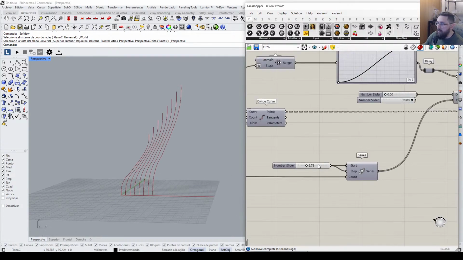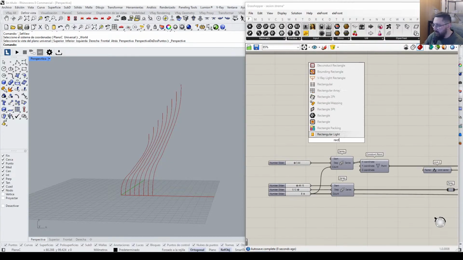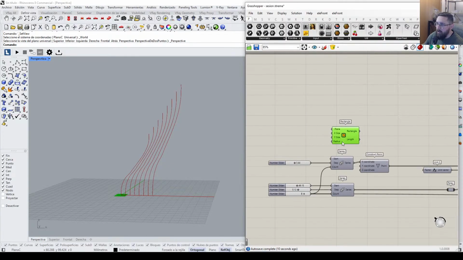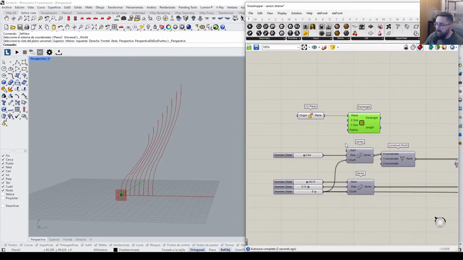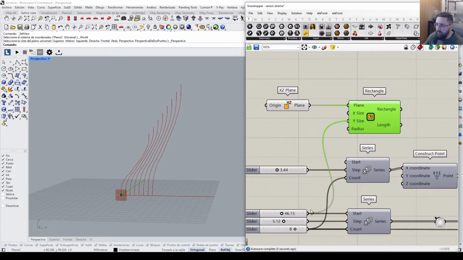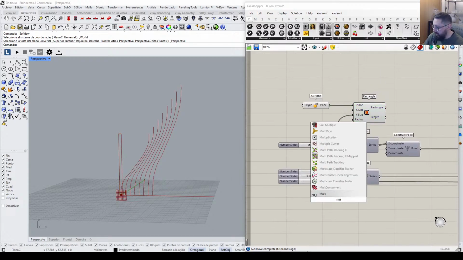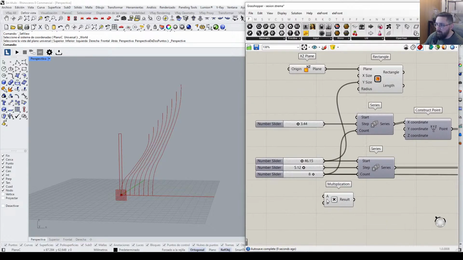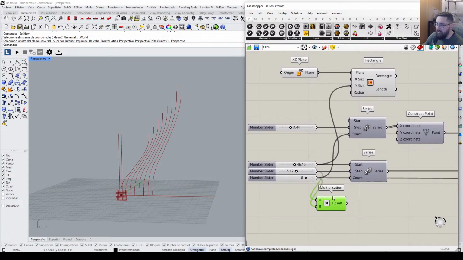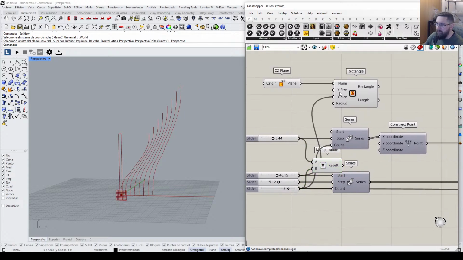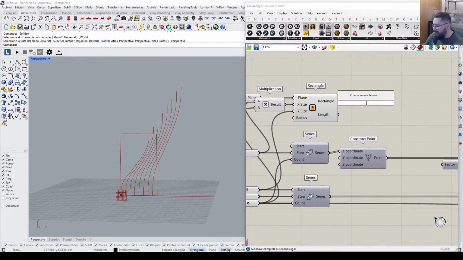Okay, so the idea here then is to do a rectangle on the XZ plane that has the height of the initial one, which I think is going to be the y-axis, and has the total length of this, which will be a multiplication of this and this. Is that right? No, that's not right. There we go. Yes. Surface.